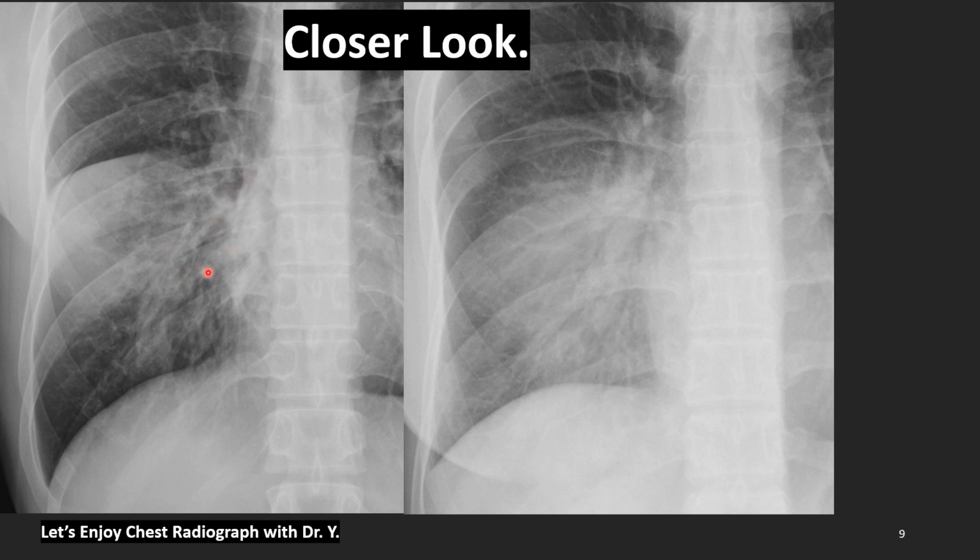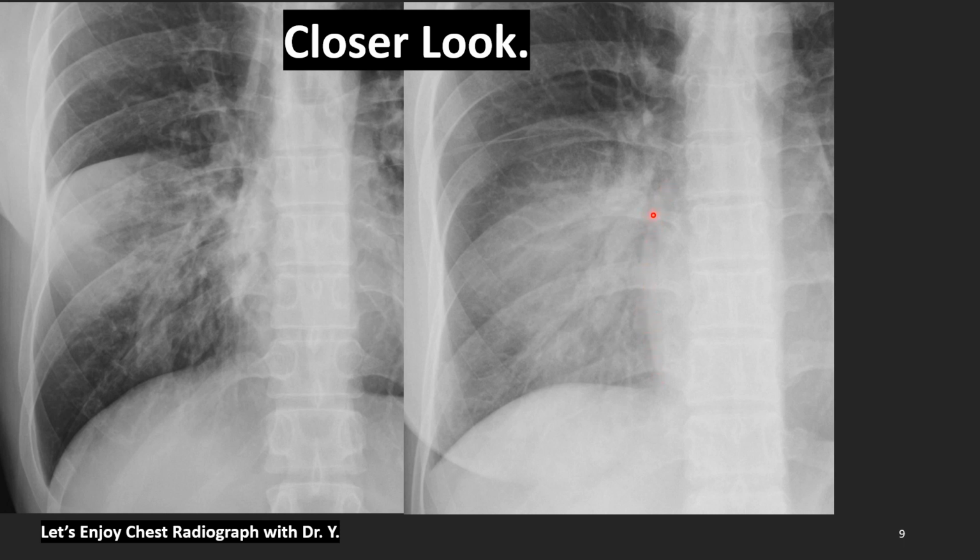Where is the heart border? Right heart border, right atrial border. Yes, obliterated. What about this line? What does this line represent? Yes, it is the minor fissure. Let's come back to the right image. How about the right heart border, the right atrial border?